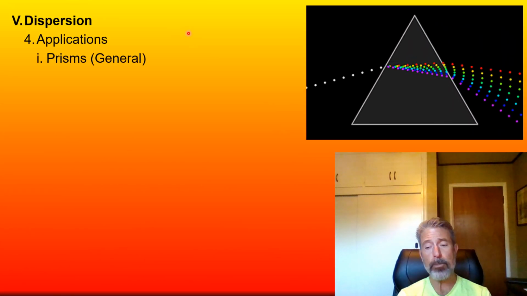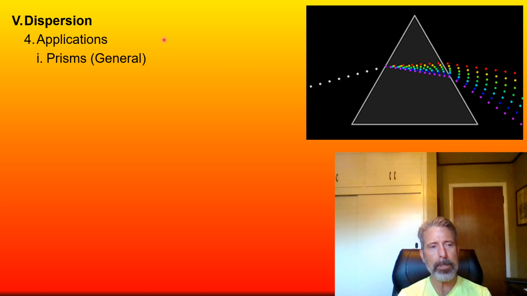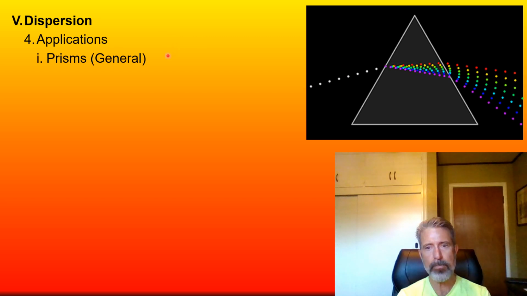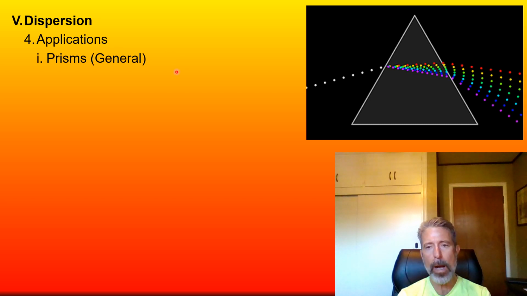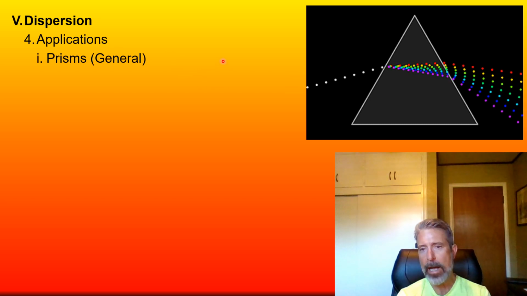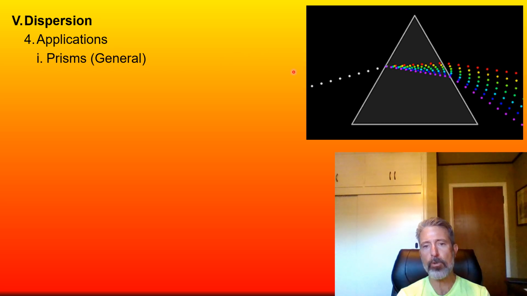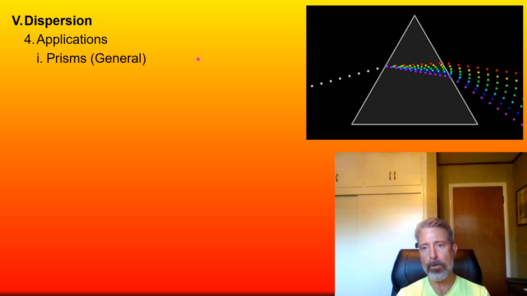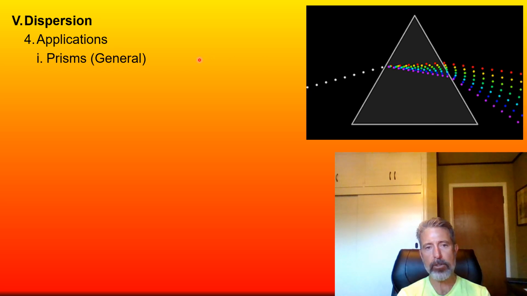As I prefaced in the previous slide, one of the common applications of dispersion is that of prisms, where we see that the white light that enters one side of the prism is refracted, or separated, into its various spectral colors in the electromagnetic spectrum.